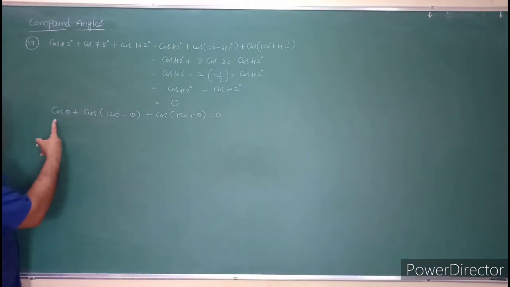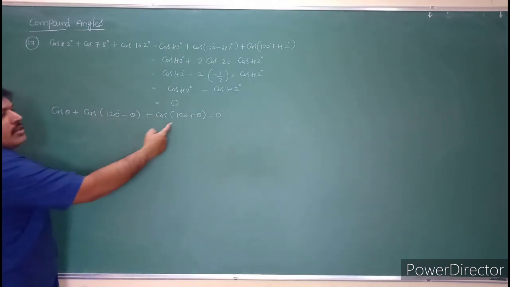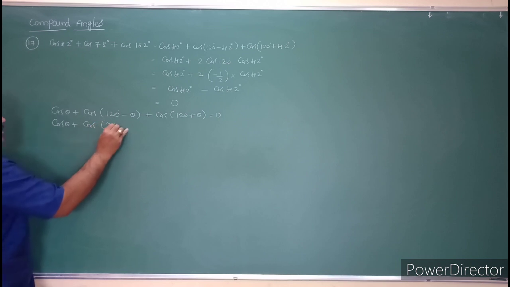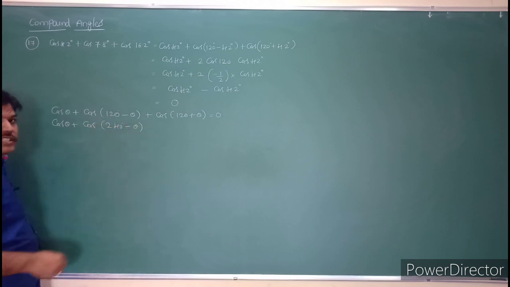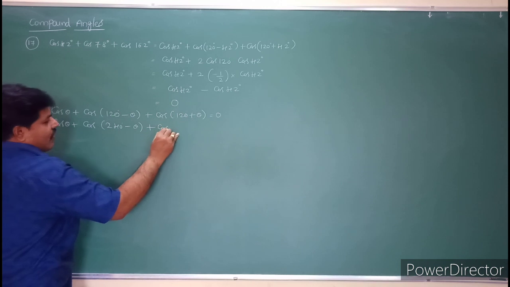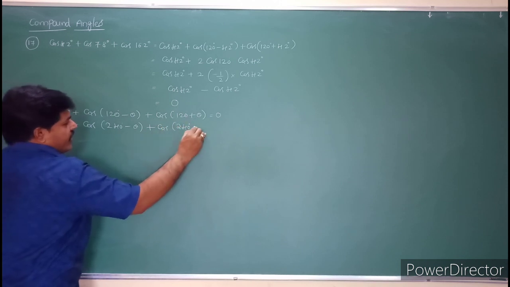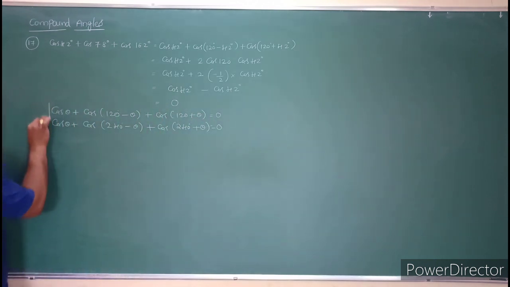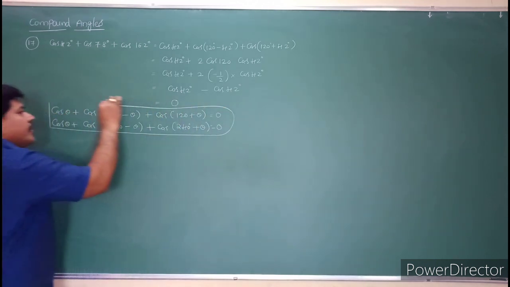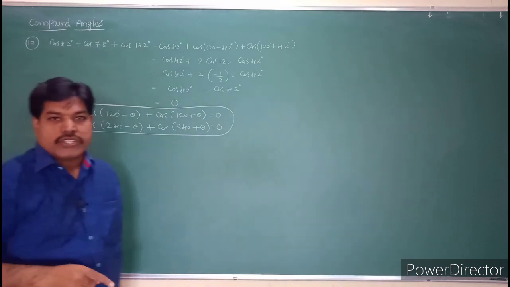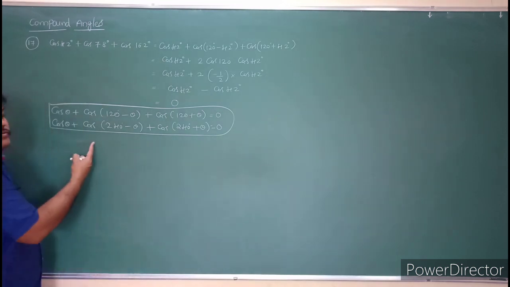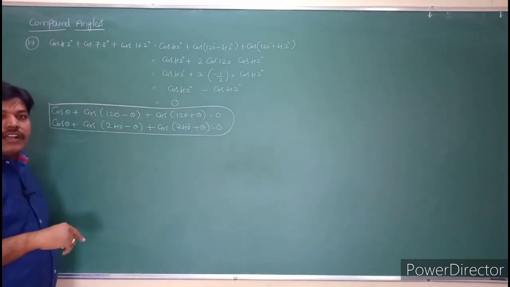And also cos theta plus cos of 240 degrees minus theta plus cos of 240 degrees plus theta, this value is also 0. So two important formulas. It will reduce the time in the examination. If you can identify these values, you will get the problem easily.